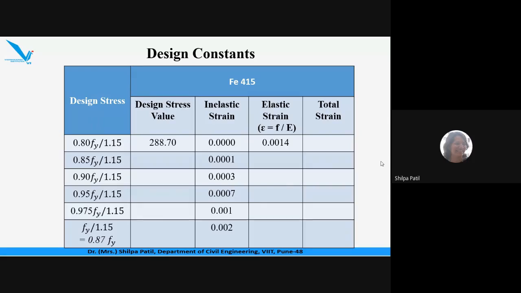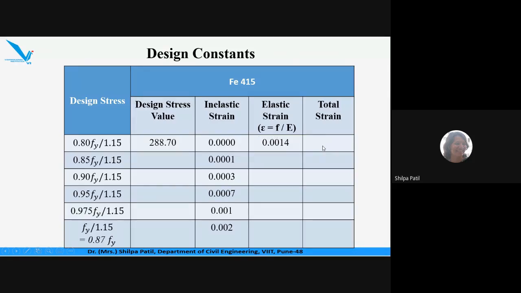So all the design stress values I have written over here. In the second column, the value of this expression is written. Then the corresponding inelastic strain values are written based on the values given in the stress-strain curve. Then elastic strain values we have to calculate by making use of this relation, which is simply a relation as per Hooke's law.